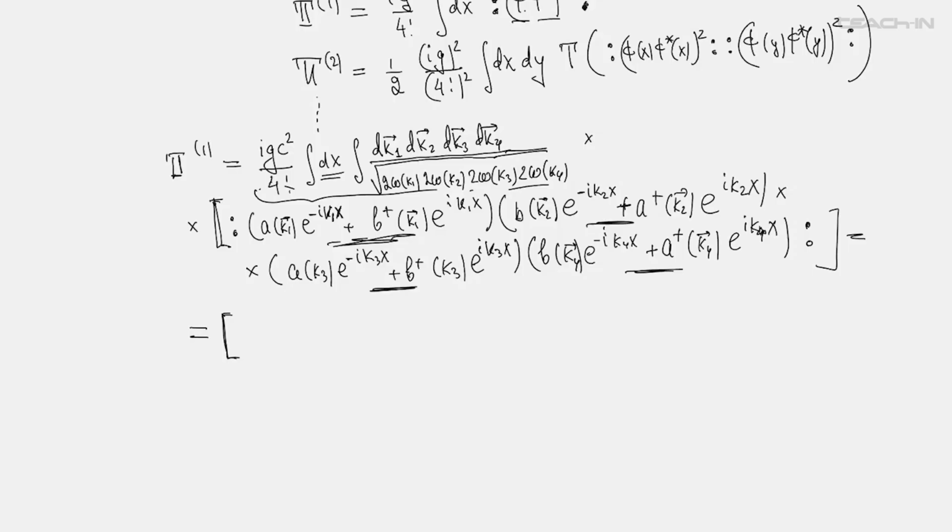So let's pick, for instance, oscillators A on k1, A on k3. No, let's say B on k2 and B on k4.